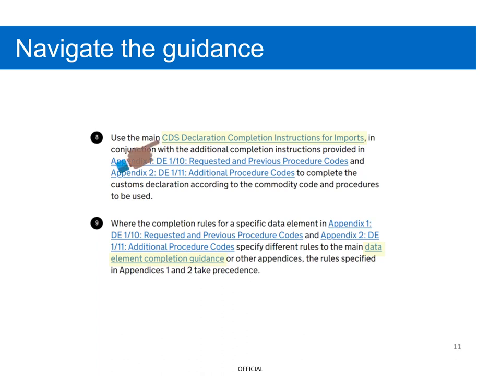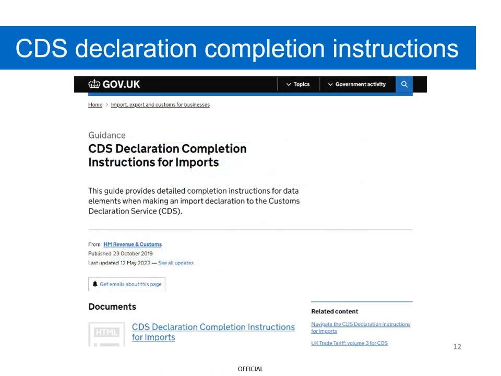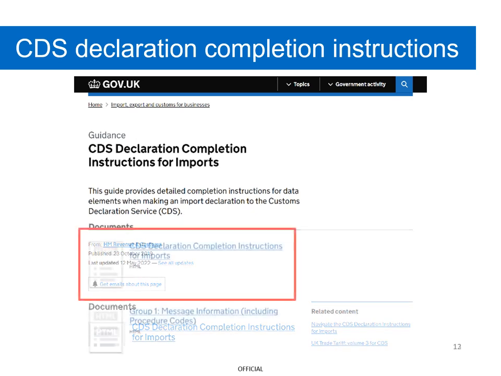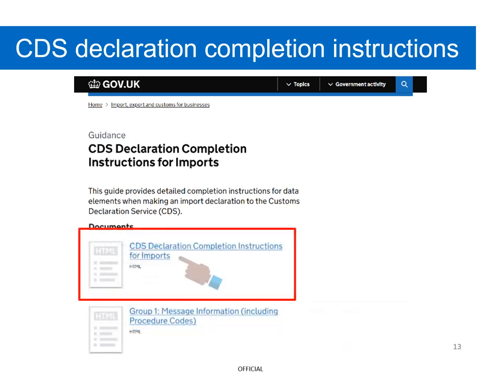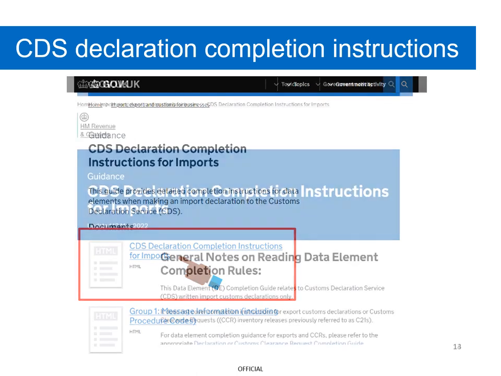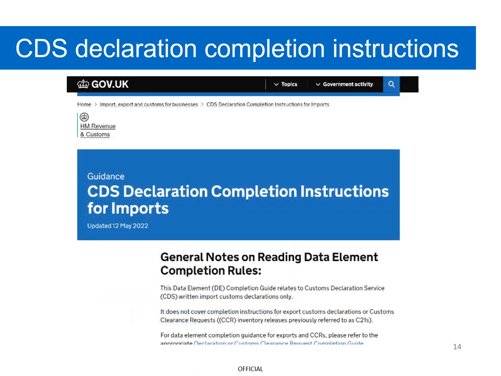By clicking on the hyperlink, Hallie is taken to the main guidance page. Hallie scrolls down and selects CDS Declaration Completion Instructions for Imports. This opens up the guidance page, which Hallie will need to read through.